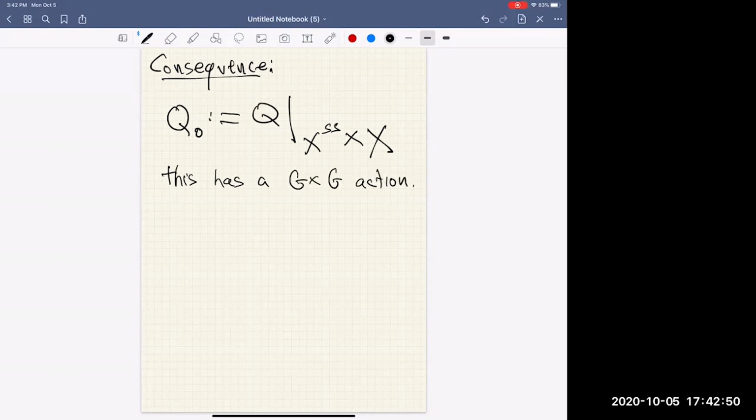Does it sit in the P pre-image of the semi-stable locus or in the S pre-image? Yeah, it's the P pre-image. So yeah, there's a diagram like this.